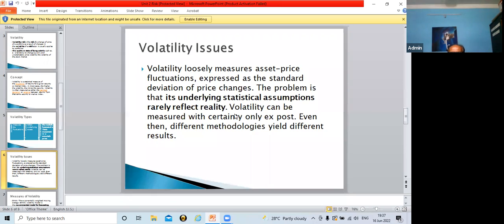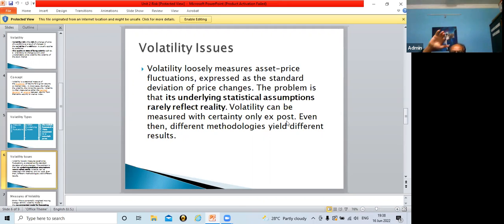But suppose your own opinion is telling something else, and the statistical assumption is giving a different opinion, there you will be in a dilemma. Dilemma means you are a little bit confused about what to do. Therefore volatility can be measured with certainty only ex post.